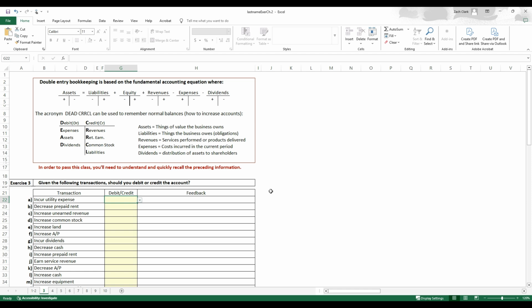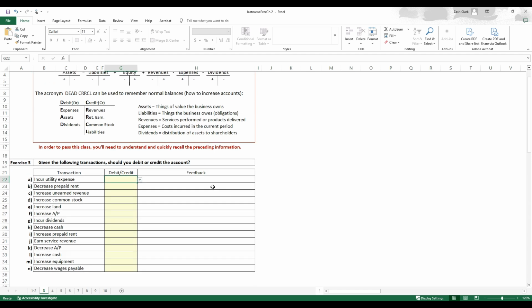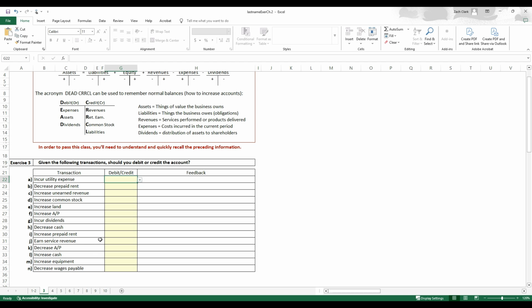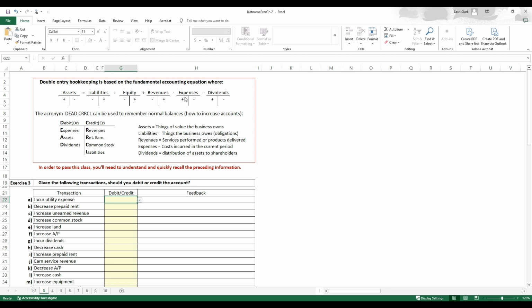Okay, so now we're going to look a little bit at the feedback area here. You're going to look at how we're going to record these transactions. So when we're looking at incurring utility expense, is that a debit or credit to record it? And so this is going to help understand.